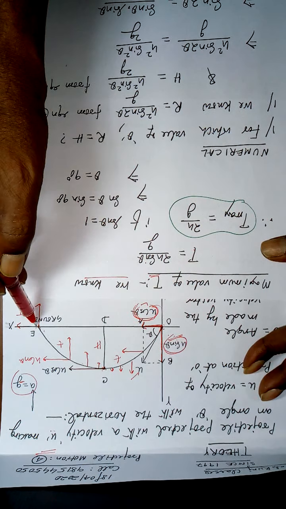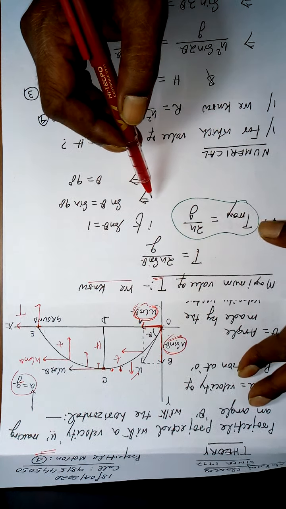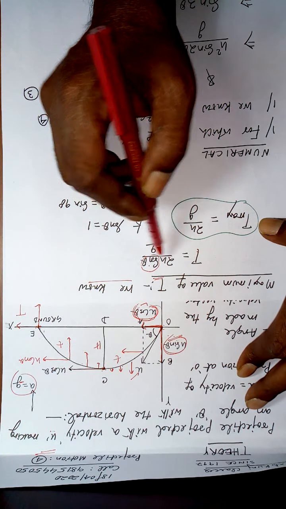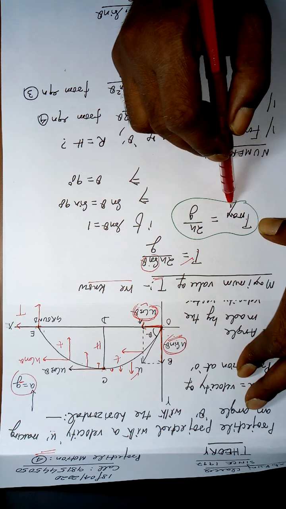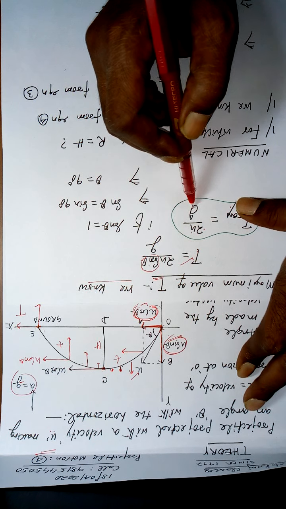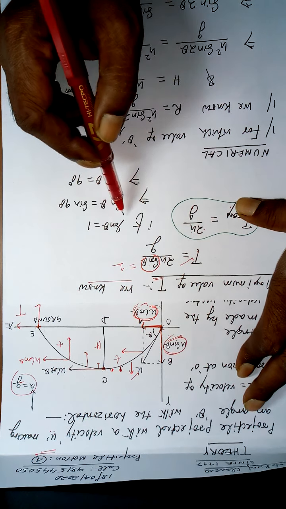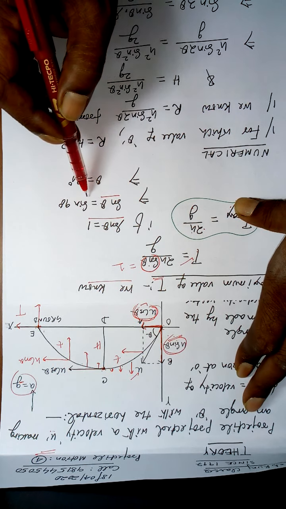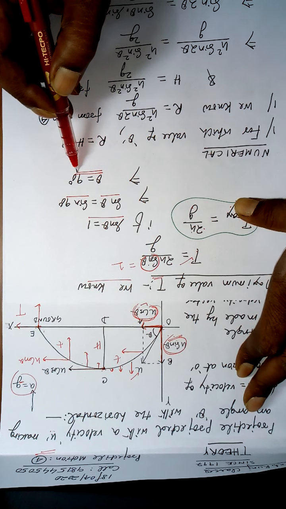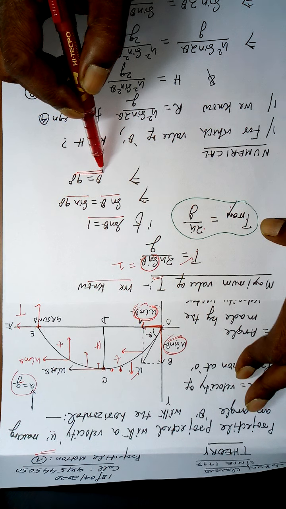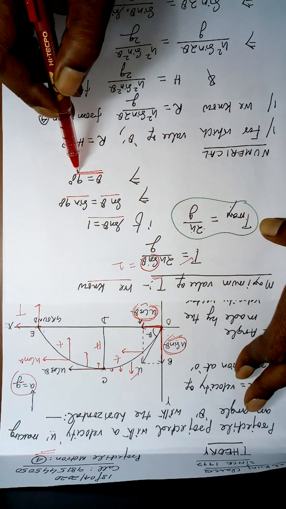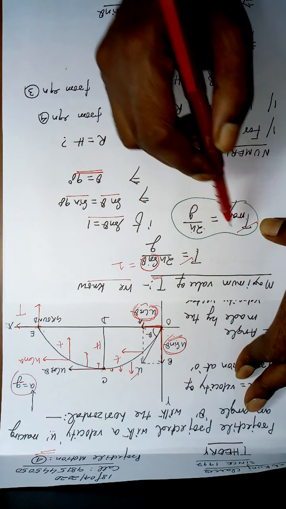That is the time to reach this point E. So if sine theta is maximum, then T will be maximum. So T maximum is equal to 2u over g, because the maximum value of sine theta is 1, in which case sine theta is sine 90, that is theta is equal to 90 degrees. So if you throw a projectile making 90 degrees with the horizontal, this will be maximum.